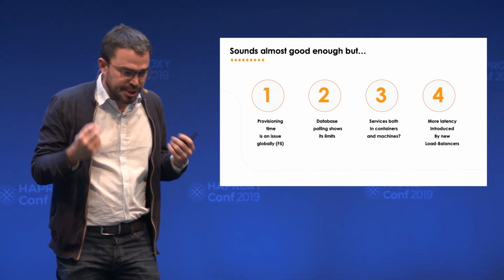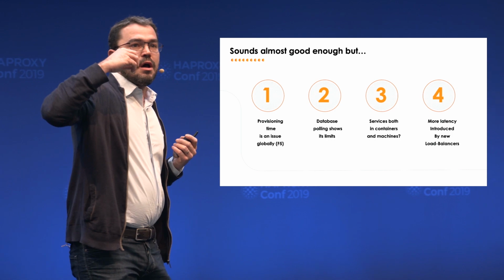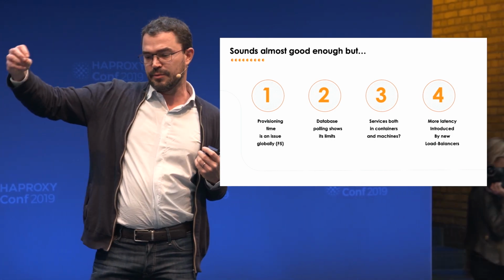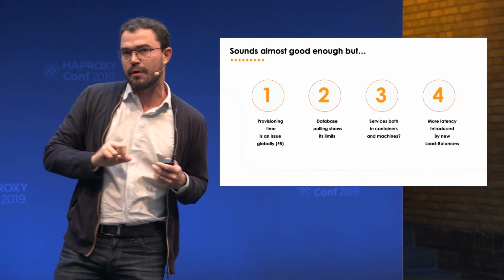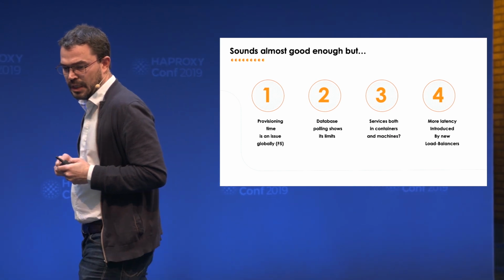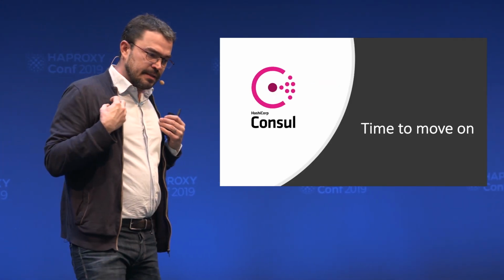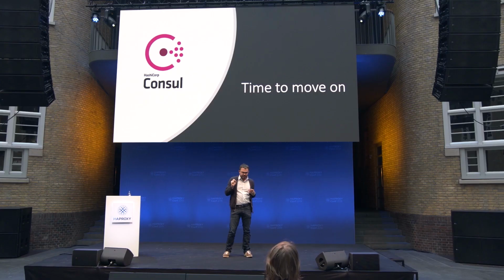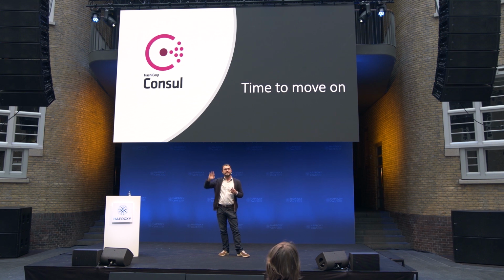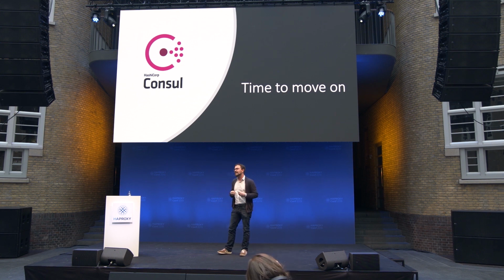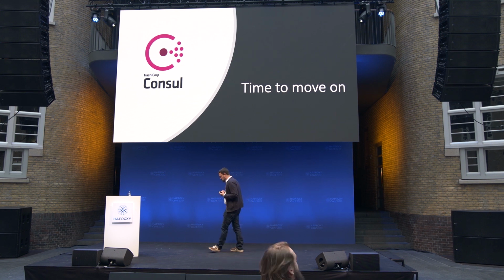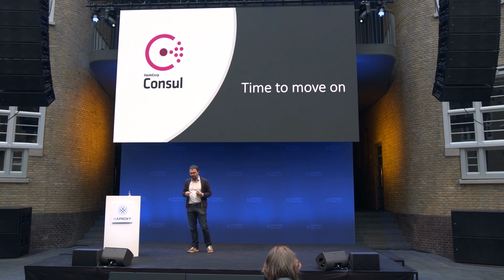And of course, we had issues whenever we wanted to move partially a system to containers while keeping the other on bare metal. Another big issue we had was that all those health checks were different in all of our systems, and sometimes they were not coherent. So we really needed something else to move forward.